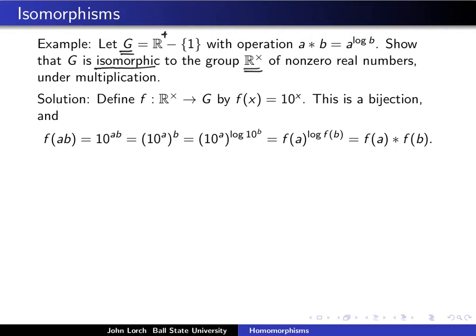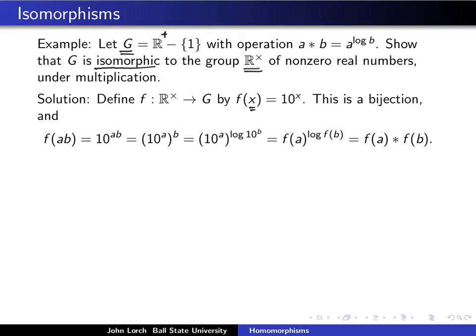Now, to do that, we need an isomorphism. That is, we need a function from one group to the other. And we're going to define our function from the non-zero real numbers to our group G by taking a non-zero real number x and sending it to 10 to the x.